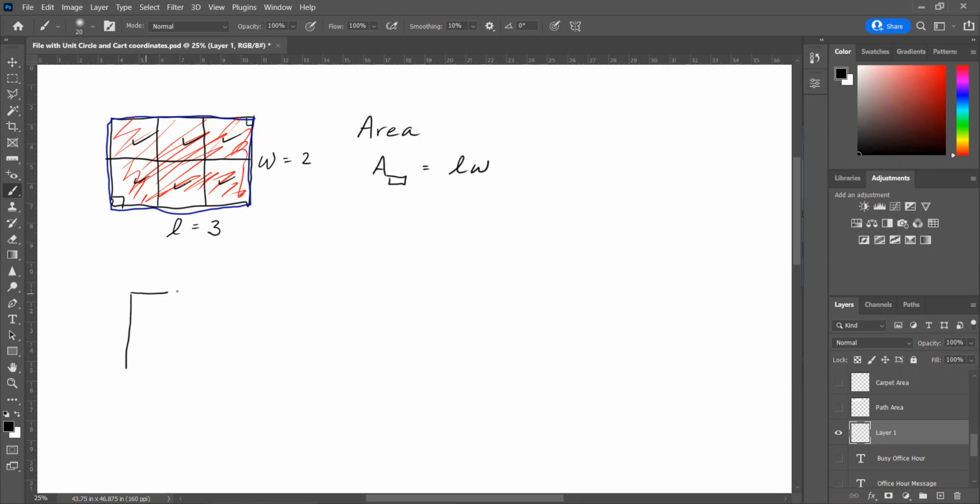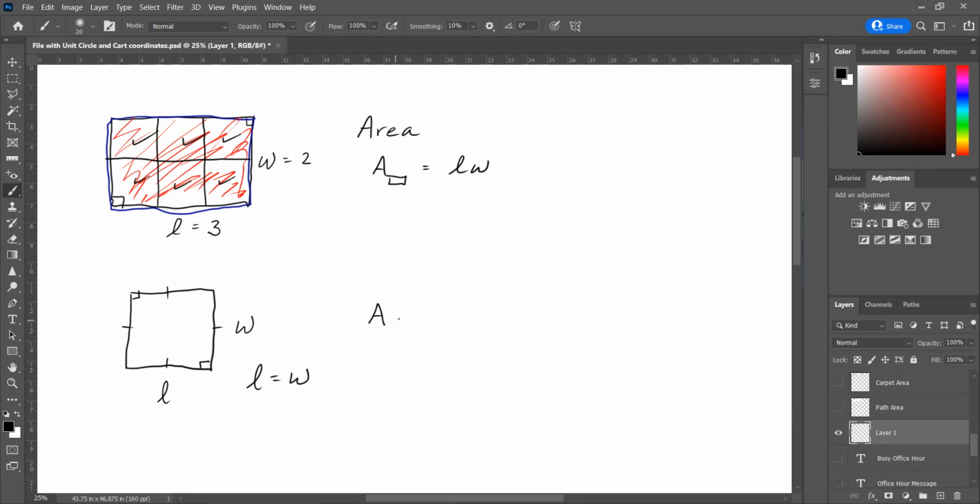Now, if we have a special kind of rectangle where all the side lengths are the same, which we call a square, then of course length and width are equal.